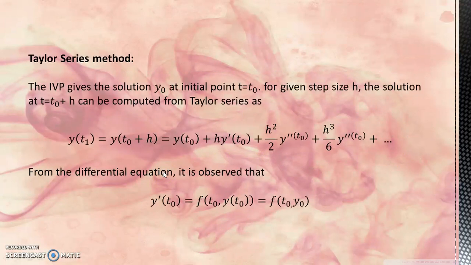Taylor series method. The initial value problem gives the solution y0 at the initial point t equals t0. For a given step size h, the solution at t equals t0 plus h can be computed from the Taylor series as in this equation. From the differential equation, it is observed that this equation holds.